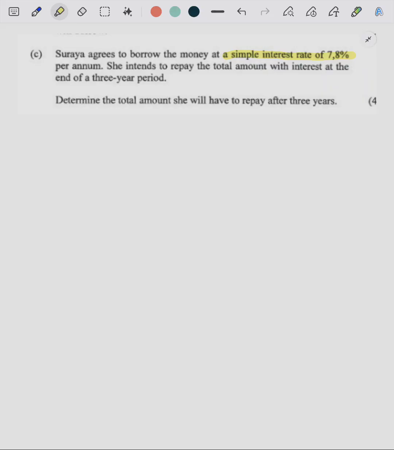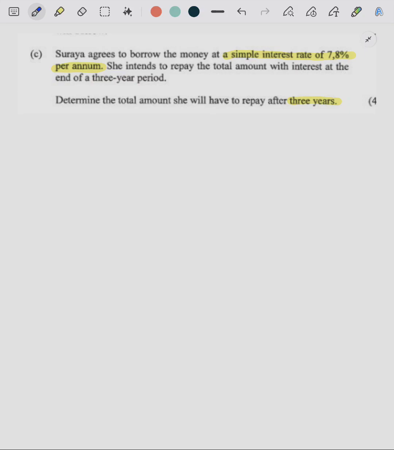So remember, this is kind of the change that comes from grade 10 and 11 to grade 12. Sometimes it won't be per year, it'll be per 6 months, per month, per week, and that'll affect what we're doing. But in this case, it is told per year, and we are told it's going to be for 3 years. So the easiest way to do this is to say, well, how much interest is she paying for 1 year? And then multiply it going through for the 3 years.